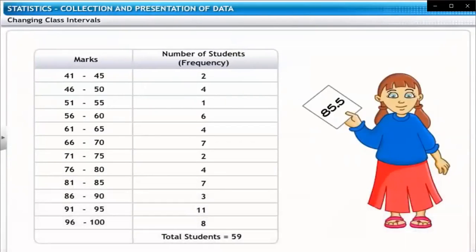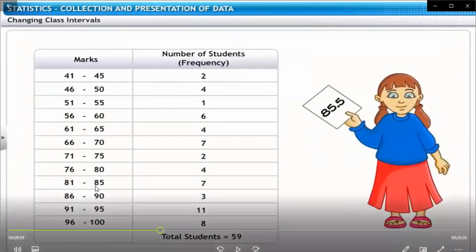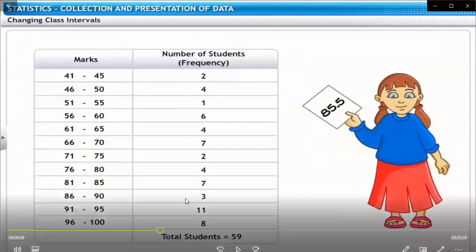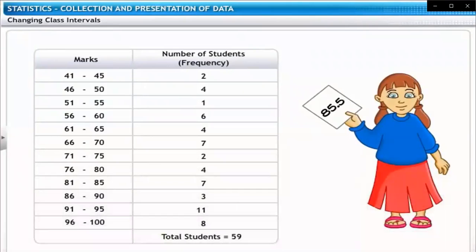If someone scores from 81 to 85, then we can put that student in this table as a frequency. But if someone scores between 85 and 86, where do we place that student? For that we have to change these class intervals, and there is a particular method for changing them.